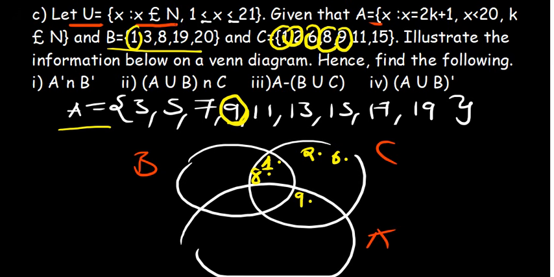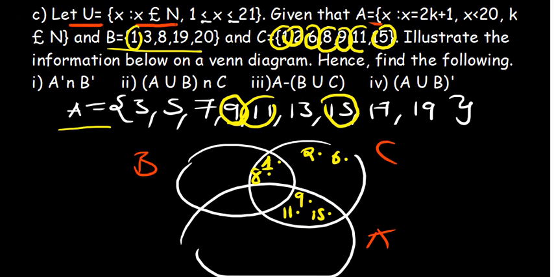Is 11 part of B? No. But we can clearly say that it's part of A. How about 15? 15 is also part of A and not part of B. So it's just in A. So we are done with C.